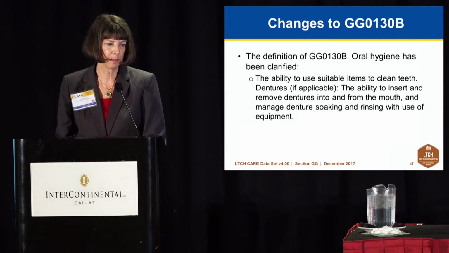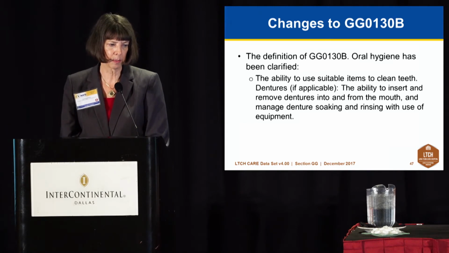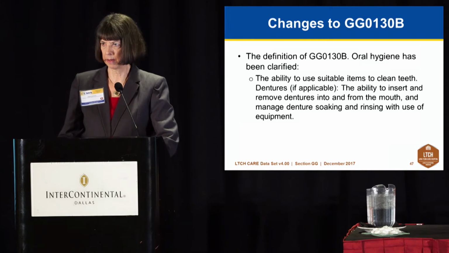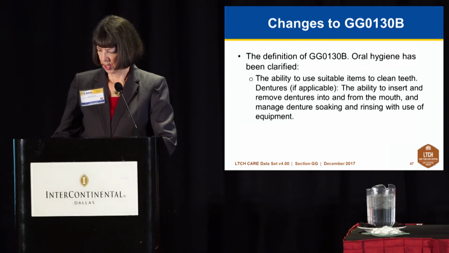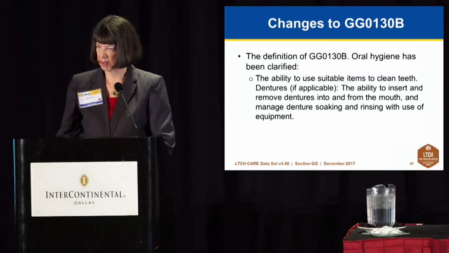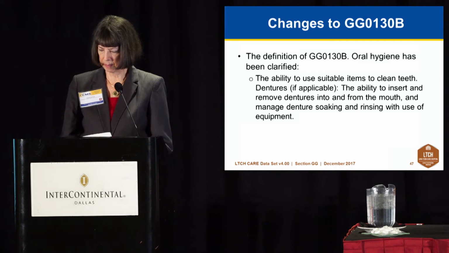So we now say the ability to use suitable items to clean teeth, dentures if applicable, the ability to insert and remove dentures into and from the mouth, and manage denture soaking and rinsing with use of equipment. So we just made a bit of clarifications. It shouldn't change the way you normally would code this. The wording just has been changed when describing the steps for this dental hygiene, and that's it.